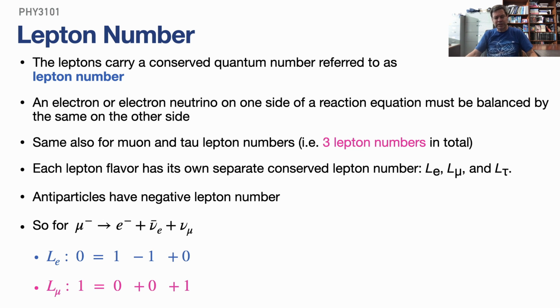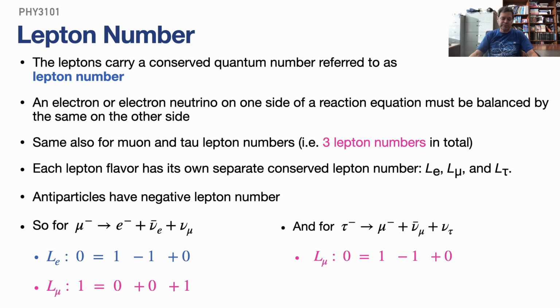But let's look at the third lepton number, and we can look at a different reaction. We could look at the decay of a tau lepton, let's say the tau minus. It will decay to a muon, say a mu minus, also emitting two neutrinos, an anti-muon neutrino type and a tau neutrino type. Let's look at the muon lepton number. A tau is a different type of particle.